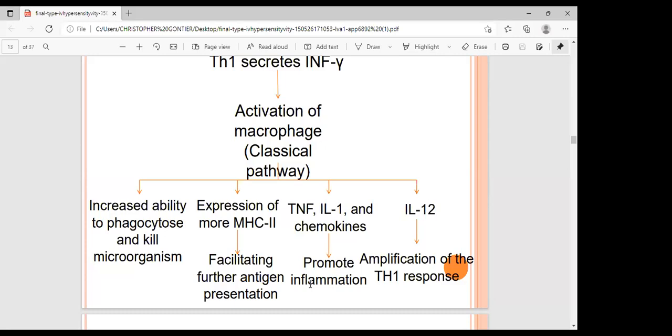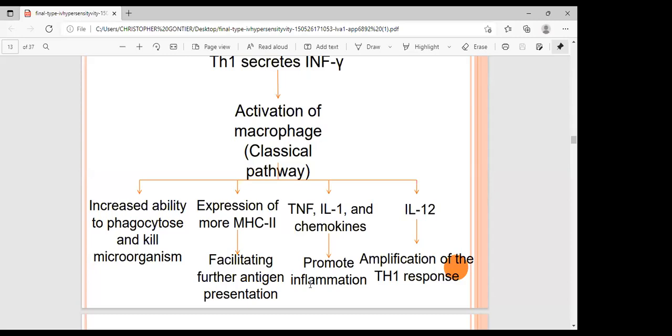So APC meets naive T cell. APC secretes interleukin-12, amplifies the Th1 response. Similarly, the Th1 itself has the sole function of producing gamma interferon that will activate macrophages to give you all those four highlighted functions.